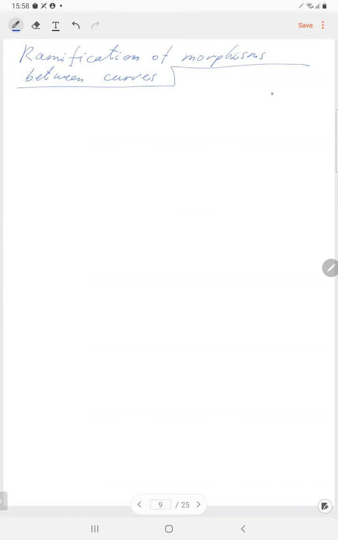Okay, so as we discussed earlier today, we have a morphism from a curve C to another curve S. They're both smooth projective. And here we have a point s, and we consider the pullback divisor.